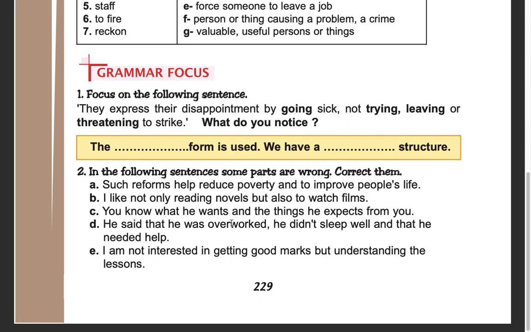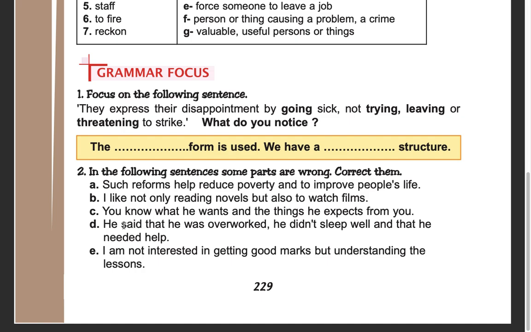"You know what he wants and thinks he expects from you." So the right expression should be: "You know what he wants and what he expects from you." "He said that he was overworked, he didn't sleep well and that he needed help."